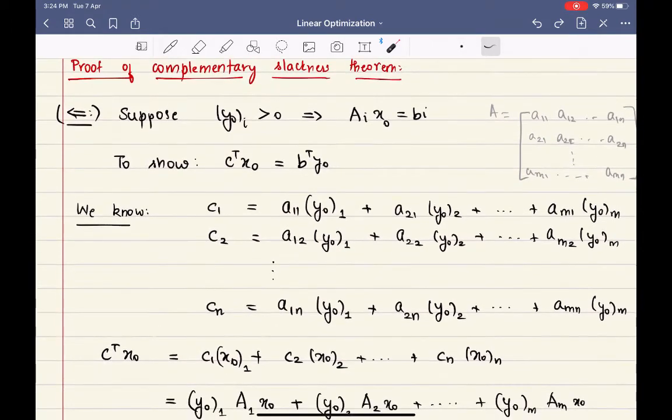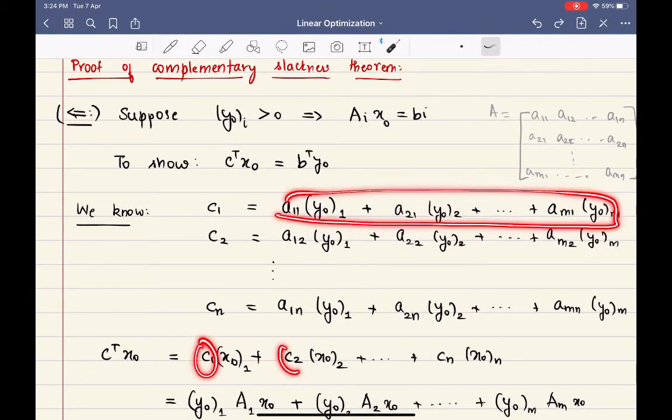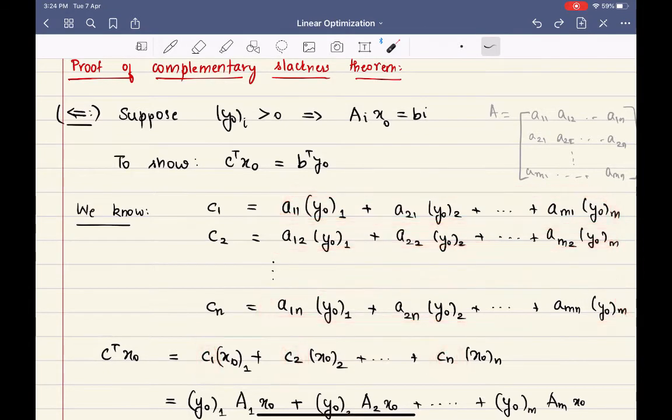Now let me just rewrite C1 with this entire thing, C2 with this entire thing, and Cn with this entire thing, and then group together whatever we have for y0. So what will we do?